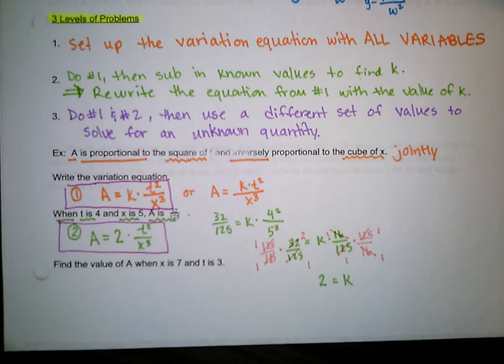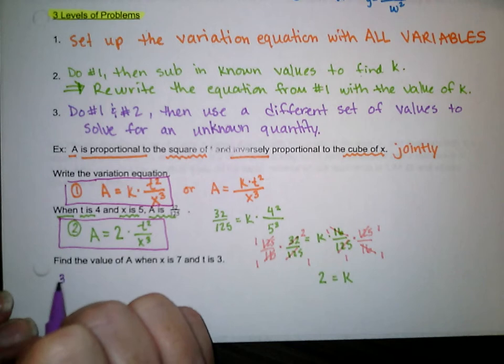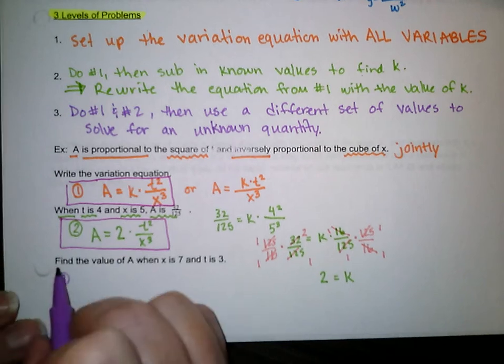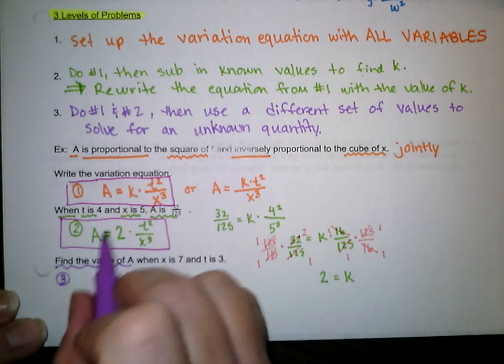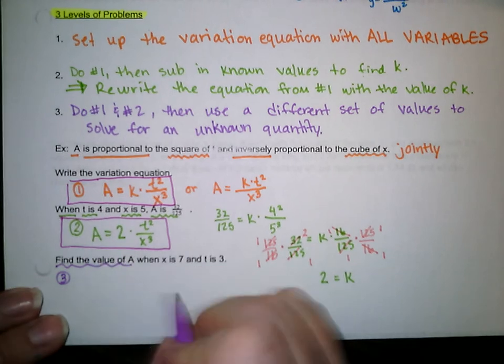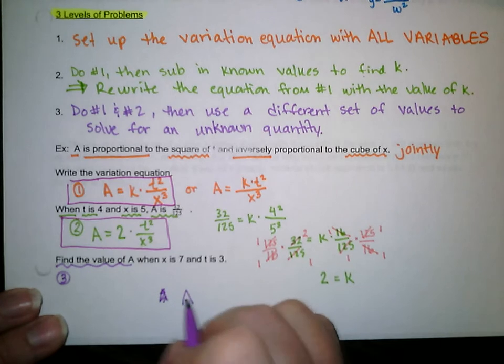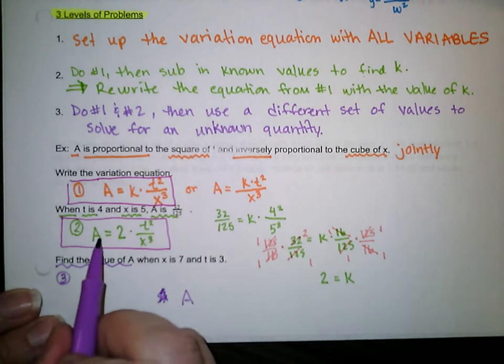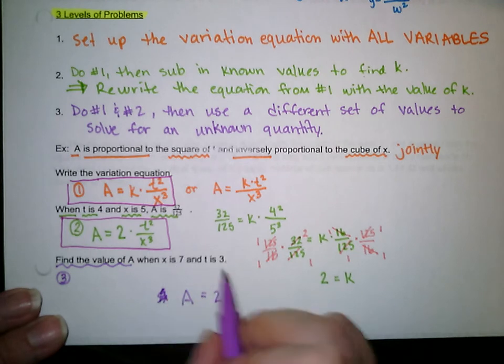Level 3, then they ask you to find something. So level 3, find the value of a. So now we don't know what a is. So we go back to our formula from level 2. A, which is 7. So no, a is what we're finding. My apologies. A, which we don't know, equals 2 times x is 7, t is 3.